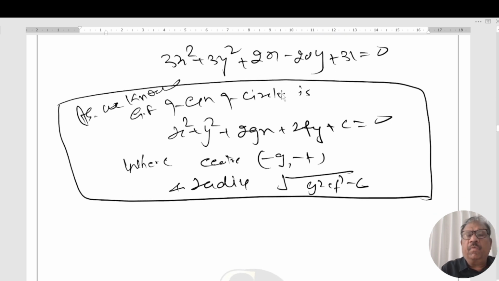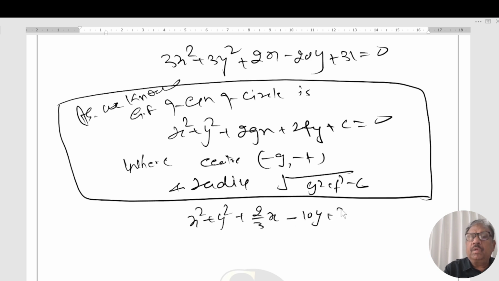In the general form, the coefficient of x square and y square should be 1 and positive. Dividing by 3, we get x square plus y square plus 2 by 3 x minus 20 by 3 y plus 31 by 3 equal to 0.